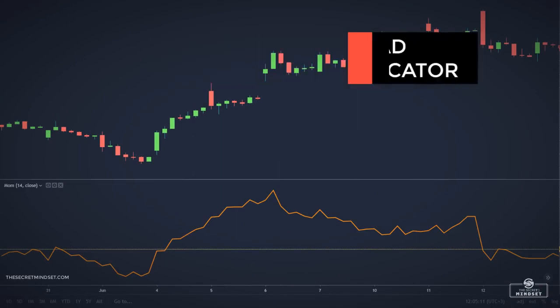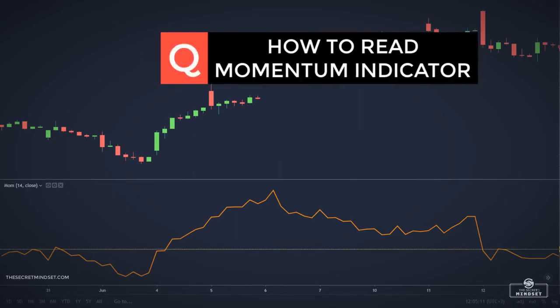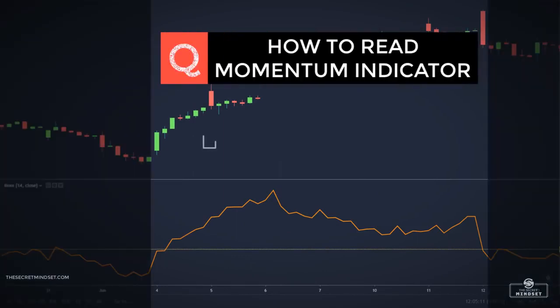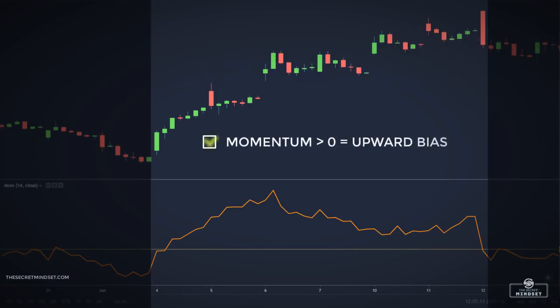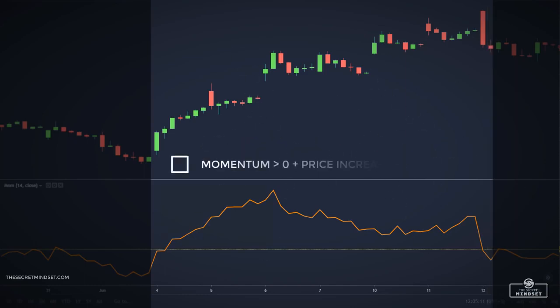Here is how you should read the momentum indicator when you analyze the trend. If the momentum indicator is above the 0 level, this signals that the market bias is on the upside. If the momentum indicator is above 0 and the market price is increasing, this signals that the trend is accelerating. This implies that the current upward trend is strong and likely to continue.